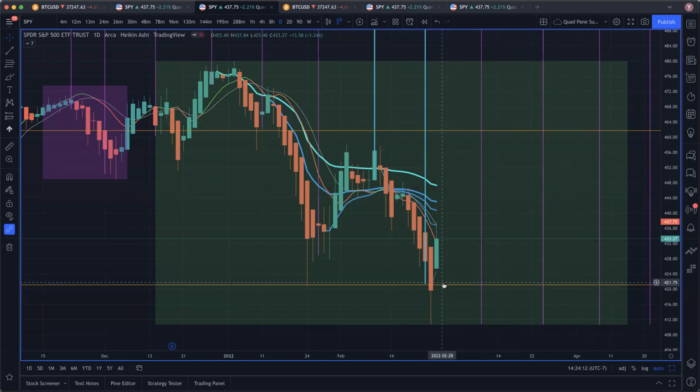And of course, with all of the horrible headlines and geopolitical situation, we could definitely make a lower low before we go back up. And when I say going back up, it doesn't mean back up to the top of this green box. It could just be a small correction or a recovery. Okay.